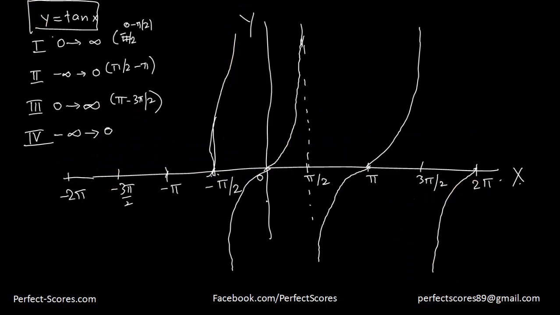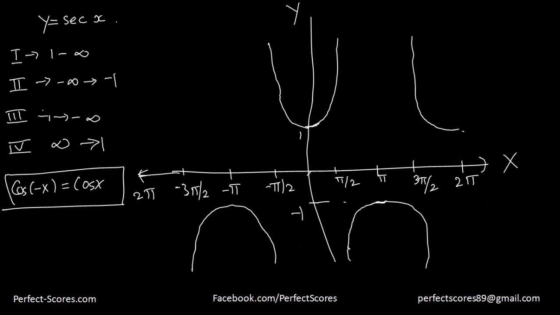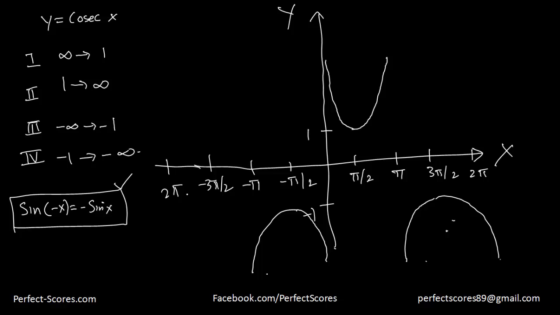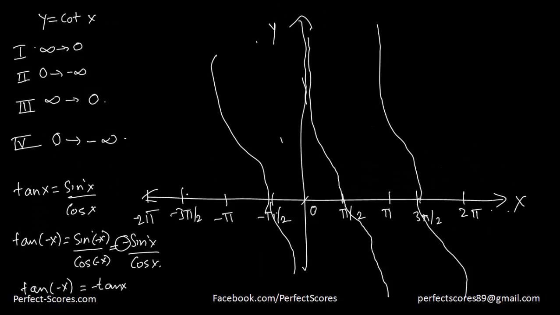The tangent x goes these lines. This was secant x that we did, right? Suppose you've understood this one as well. Then we did the cosecant x, and we did the cotangent x, right? So I suppose you're understanding this point over here, guys.